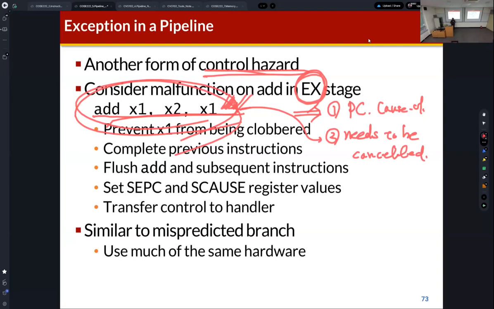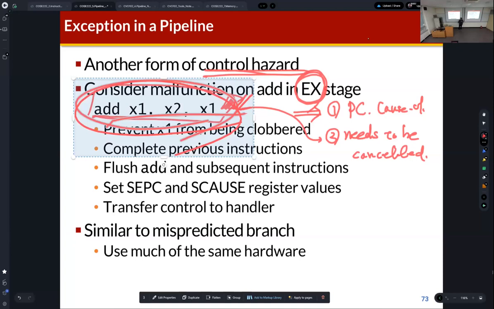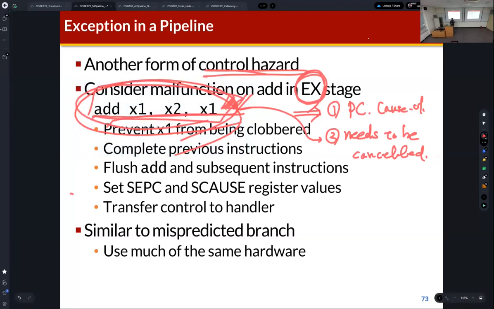Because when an exception is detected, this instruction may have an error. So this erroneous instruction needs to be cancelled in the processor, and then the operating system needs to analyze the detected exceptions. So this instruction cannot be executed.